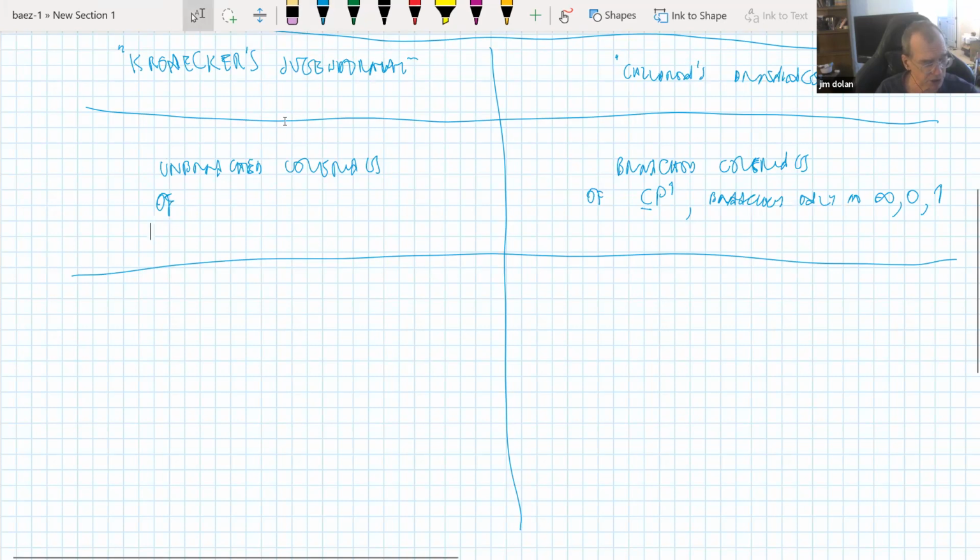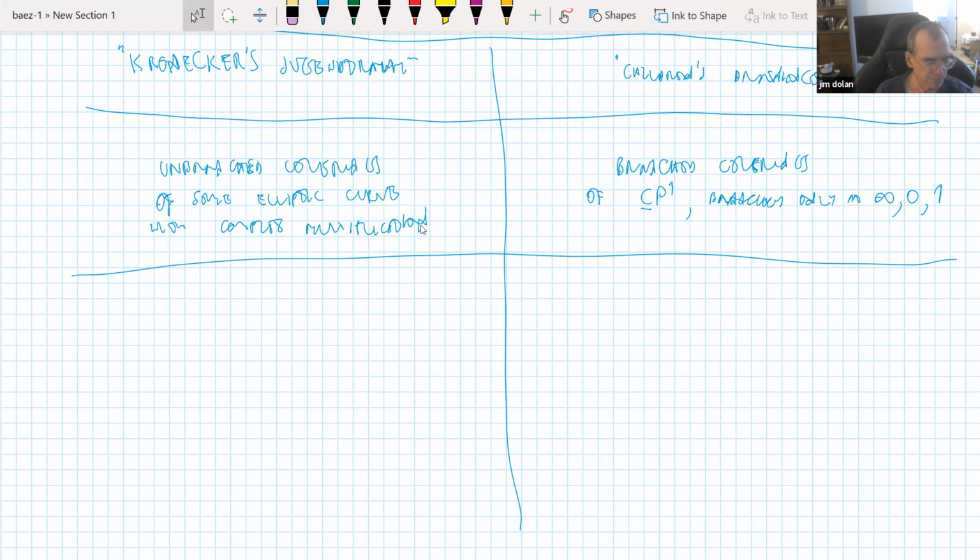But let me say unbranched coverings of some elliptic curve with complex multiplication. So roughly speaking, this is about getting an elliptic curve by taking the period lattice to be a quadratic number ring or something like that.